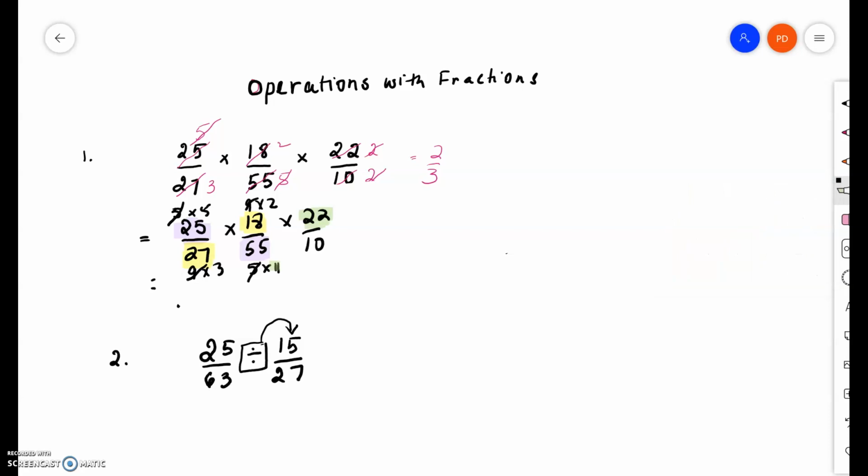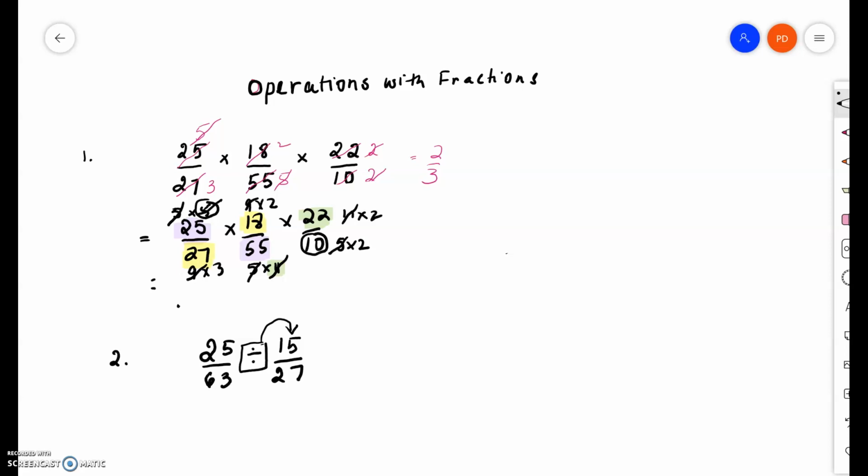Next we have 22 and 11. So 11 is a common factor, so that's 11 times 2. The 11's get cancelled. Now let's look at the 5 here with the 10. So the 5 is a common factor. The 5's get cancelled.